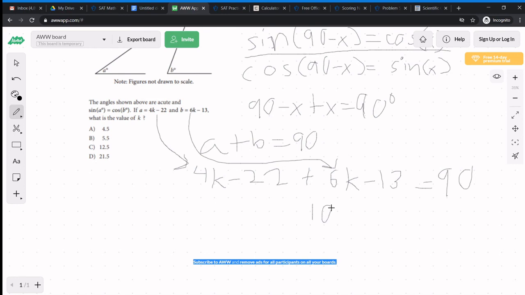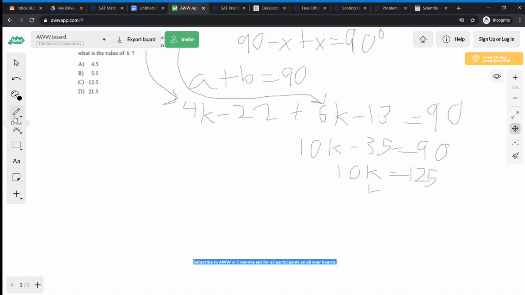And then you get 10k minus 35 equals 90. 10k equals 125, and k equals 12.5.